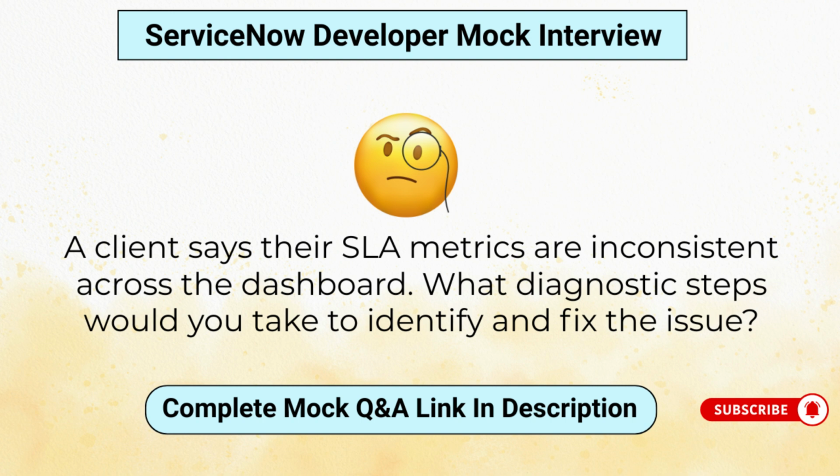Finally, if we still have the issue, I will examine the task SLA records and use timelines to see how SLA behaves for individual tasks. I will also confirm if there is any custom script overriding the logic. So these are the steps I will follow to identify the issue and get it fixed.